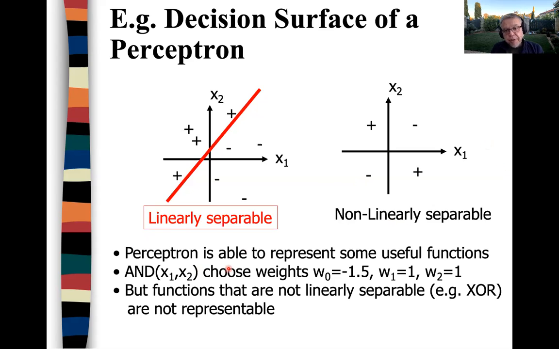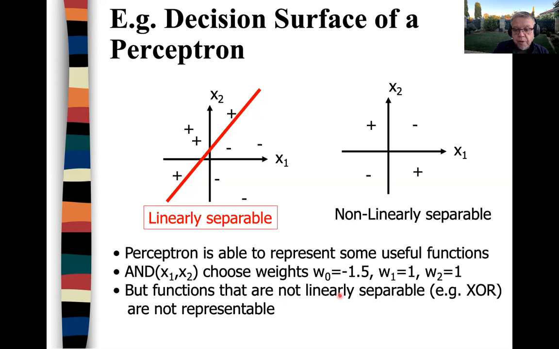So the perceptron is able to represent some useful functions, like AND and OR. If you want the AND of x1 and x2, you choose your weights with a perceptron so that the bias is -1.5 and W1 and W2 are equal to 1, and you can use the perceptron to model your AND function.